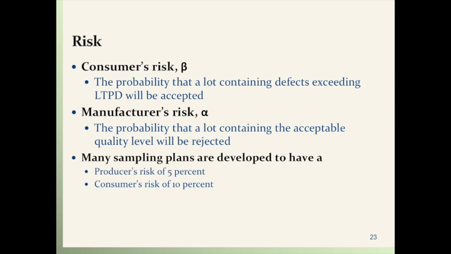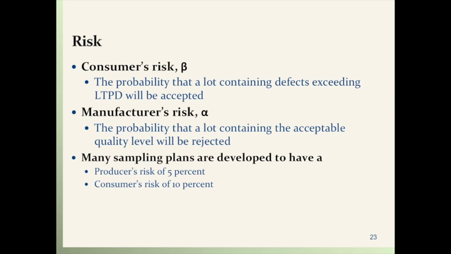And the manufacturer's risk is the probability that a lot containing acceptable quality will be rejected. Many sampling plans are developed to have the producer's risk about 5% and the customer's risk about 10%.